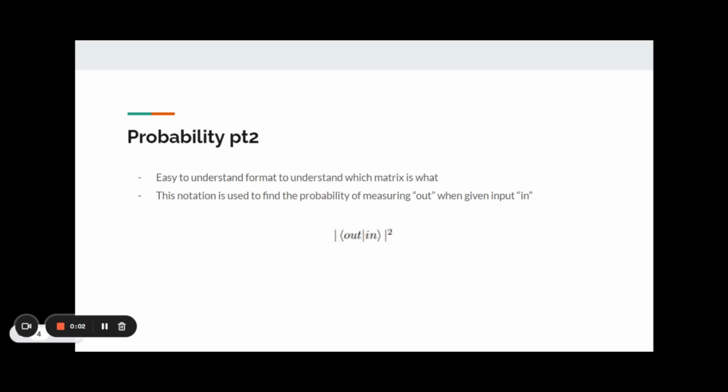To understand why we only got spin up particles as the result for the second analyzer, let's take a look at probability one more time. In the previous videos, we had a different version of probability. We had maybe a plus or minus sign for the bra vector, or spin up, spin down, and psi as a ket vector.